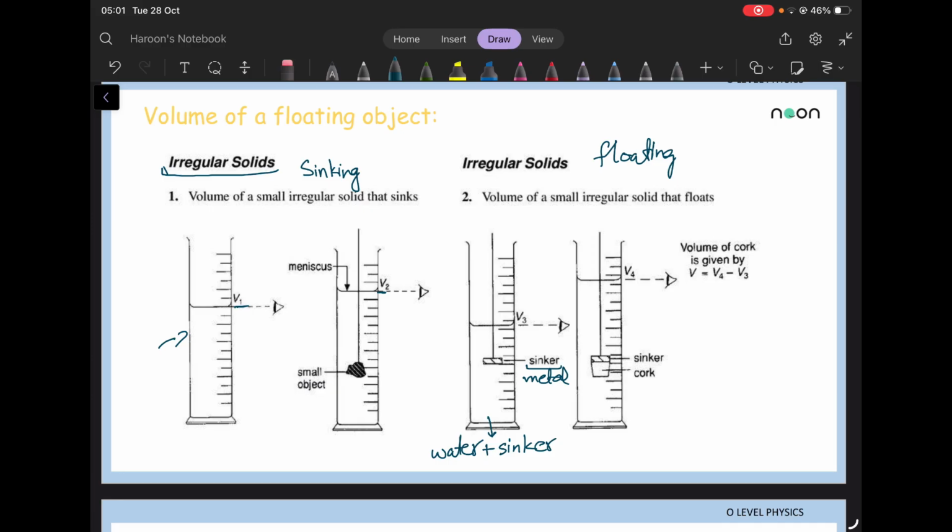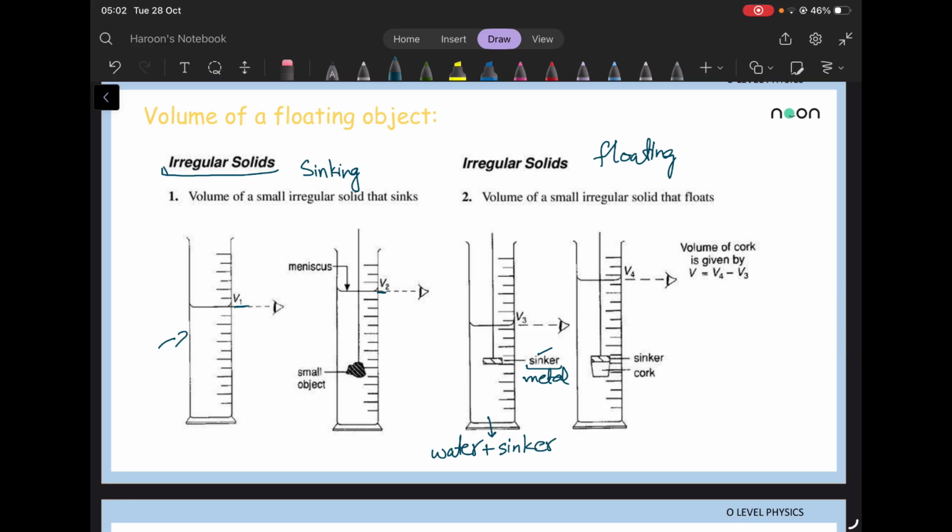Next, we take out the sinker and attach it to the floating object, for example a wooden cap or a wooden cork. You can apply some glue, or you can maybe use a rubber band to attach it. The rubber band should be thin so that it doesn't affect our reading too much.